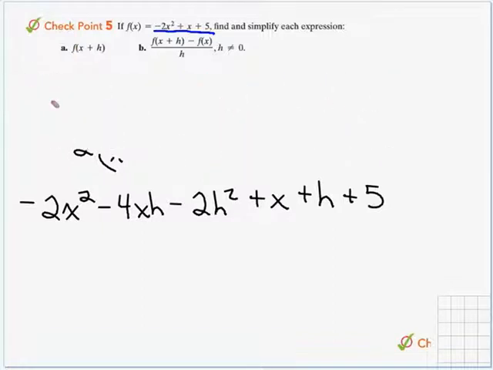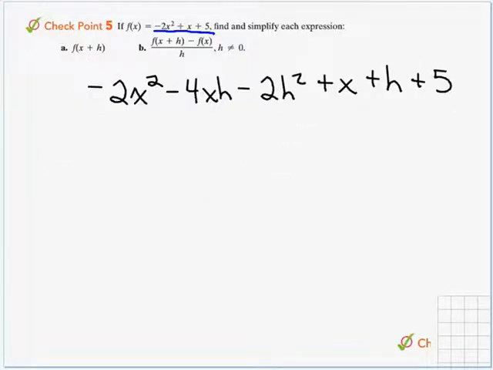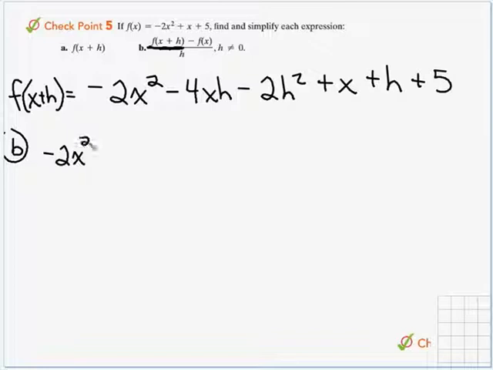So there is f of x plus h. And I'll label that f of x plus h, because now we're going to use that piece as this chunk of the numerator in our difference quotient. So for part B, we need this again, f of x plus h. So I'm just going to copy it down exactly as is.